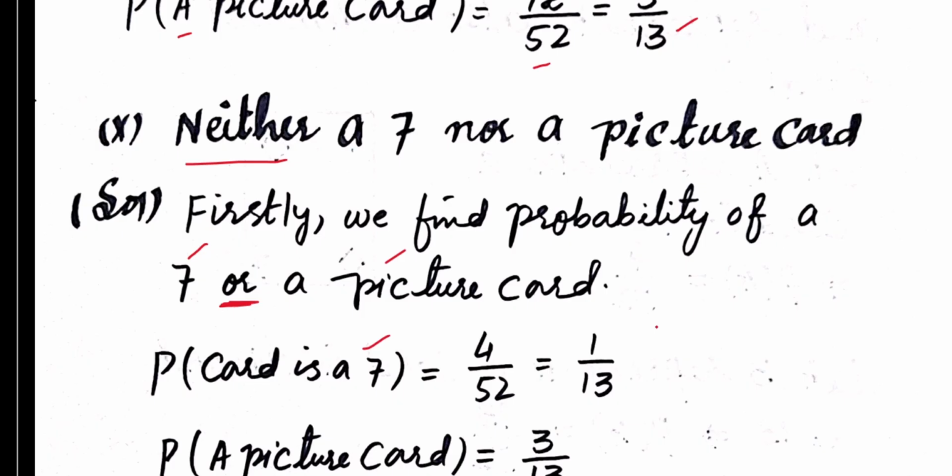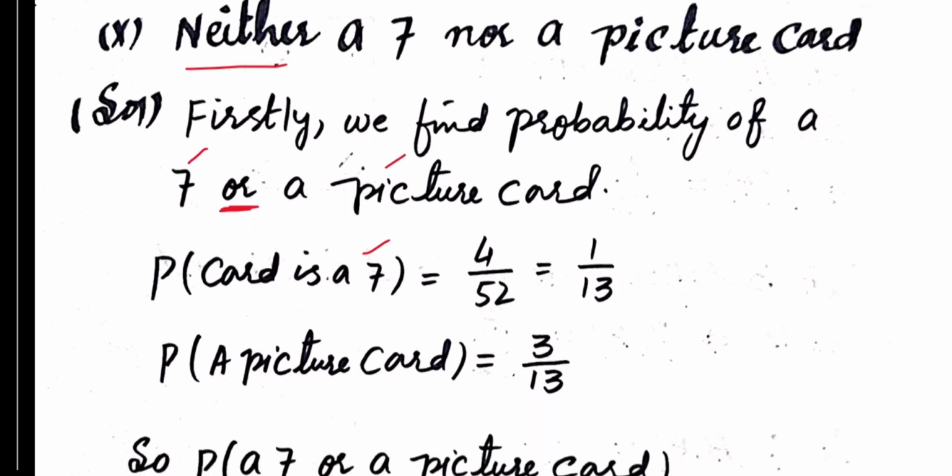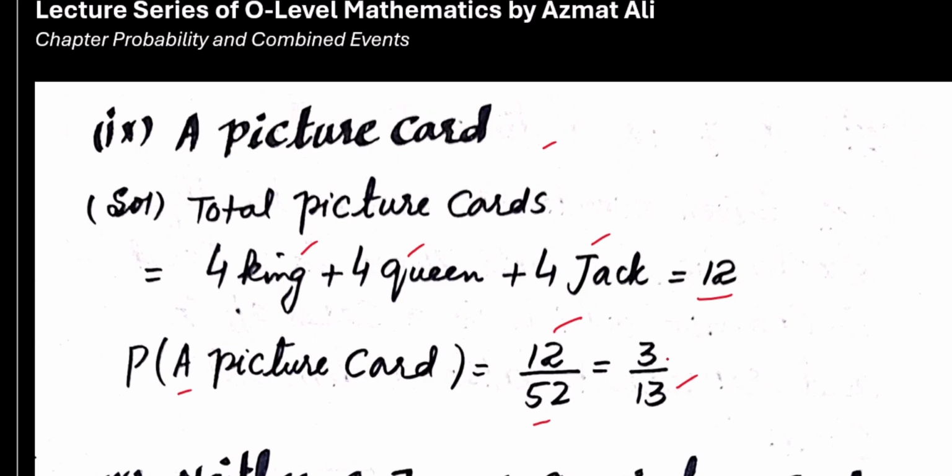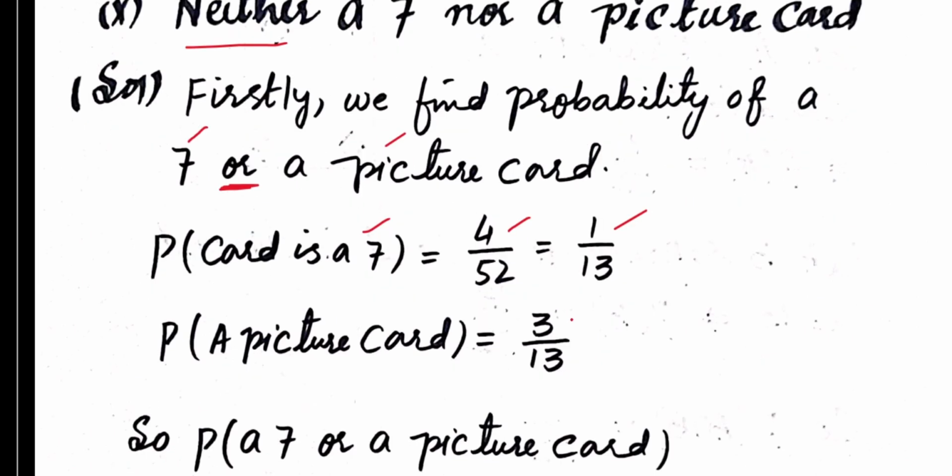One is a card of spade, one is a card of club, one is a card of heart, and one of diamond. So there are a total of 4 cards. This is 4 over 52. After cancellation, this is 1 over 13. Probability of a picture card we have already found. This is 3 over 13.